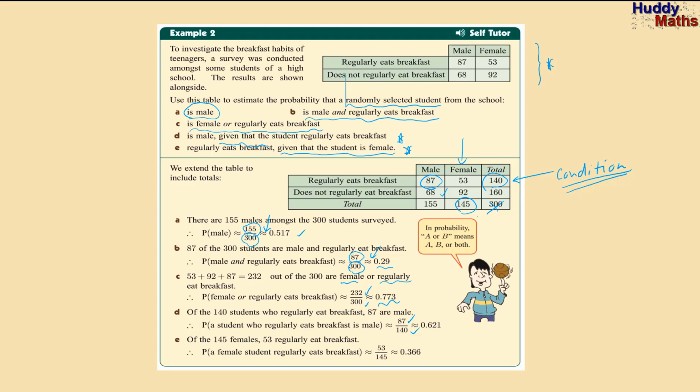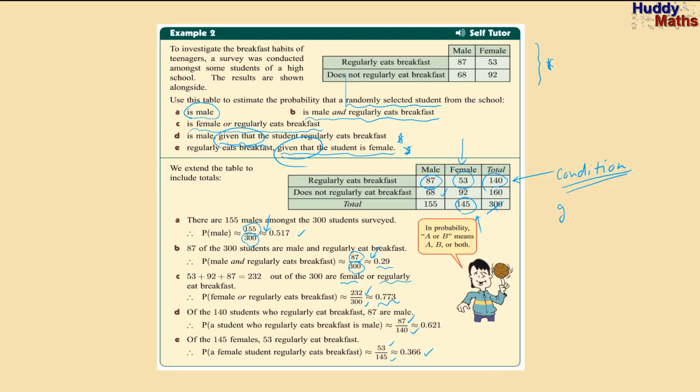We know it's in this group here. How many regularly eat breakfast? It's 53 out of 145, or approximately 0.366. Do you get it? This idea of supplying another condition before you work it out. It's not out of the whole total. And the key phrase here for conditional probability is given that.